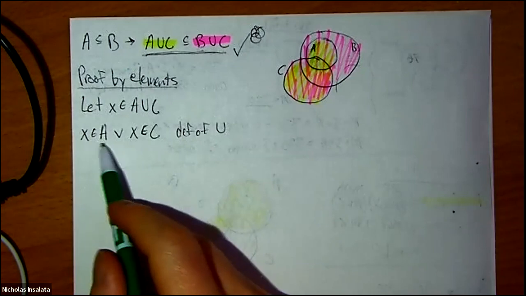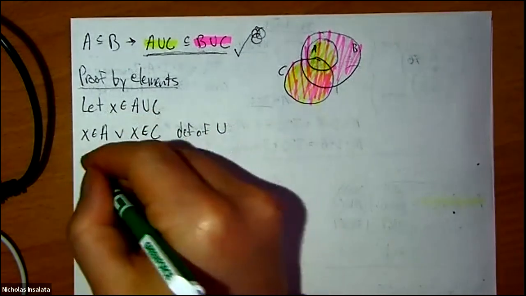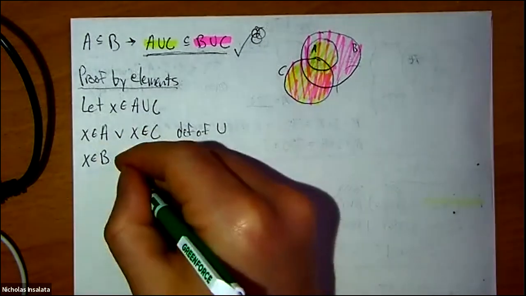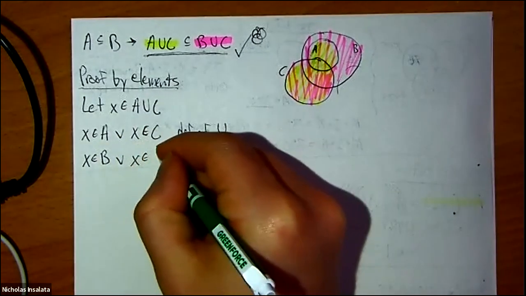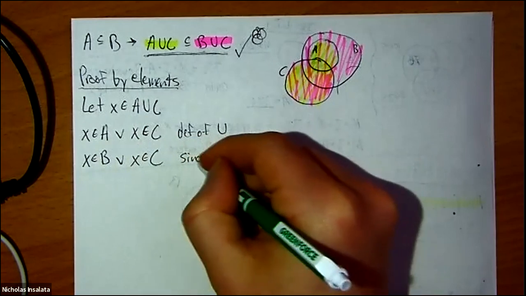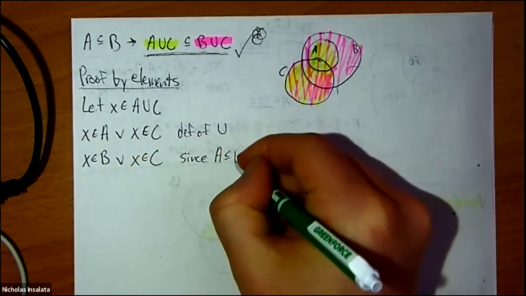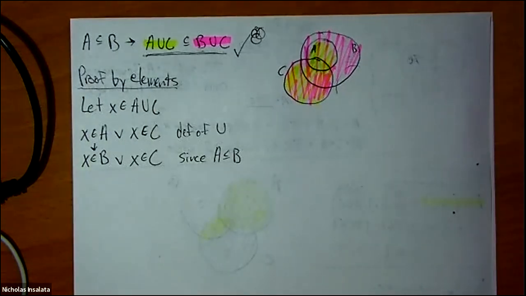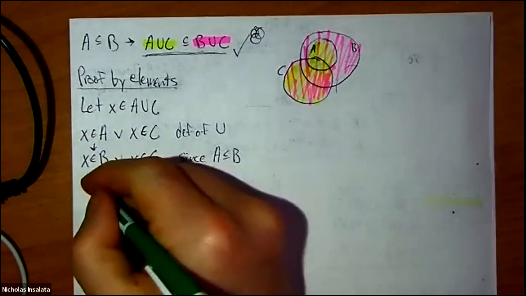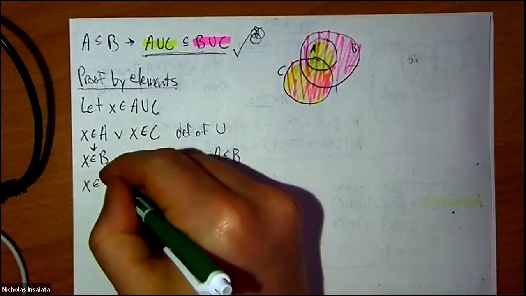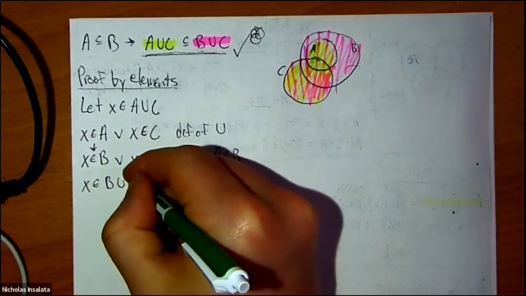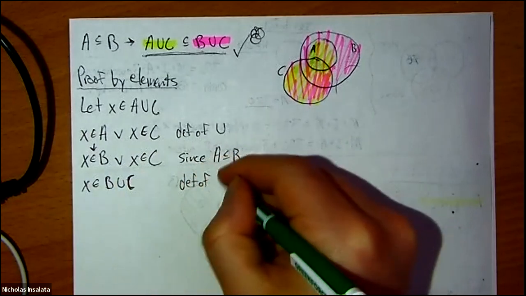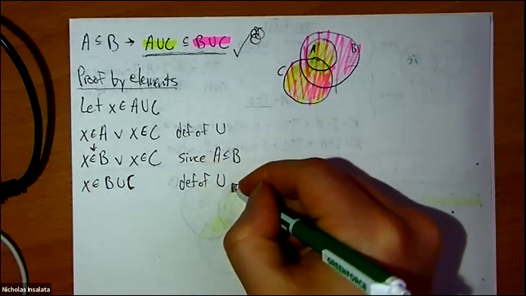If X is in A, then X is in B. So if X is an element of A, we can conclude X is an element of B, or X is an element of C, since A is a subset of B. We can do that, right? Which means X is an element of B union C by definition of union. And that's the end of the proof.